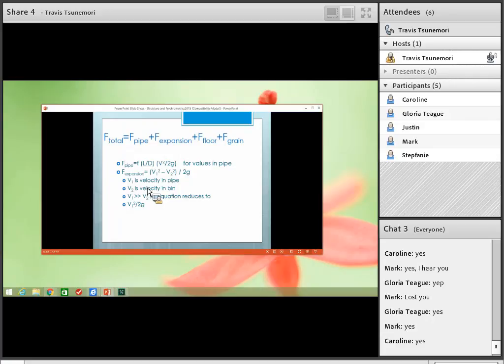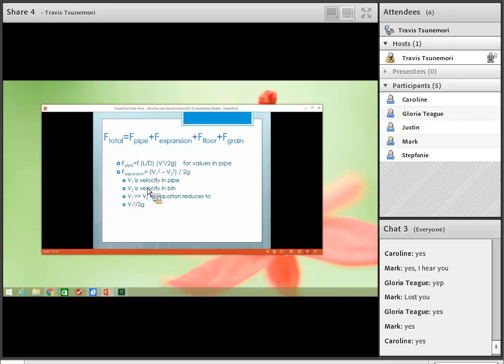So if you remember the schematic, the total friction loss through the system is going to be the friction loss in that pipe that's connecting the fan to the bin, plus the friction loss due to expansion, because the air is going from a pipe into the plenum underneath the bin, so it expands greatly, plus the friction loss through the floor, and then the friction loss through the grain. We know how to do the friction loss through the pipe. That's what we worked last time. It's just Darcy's equation.